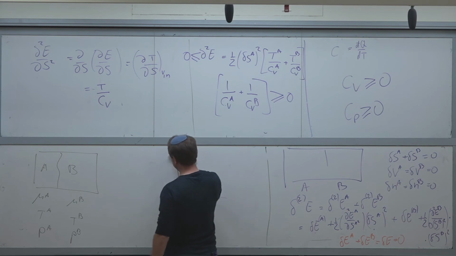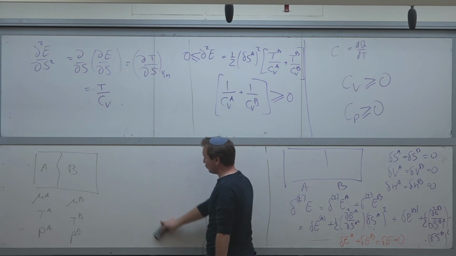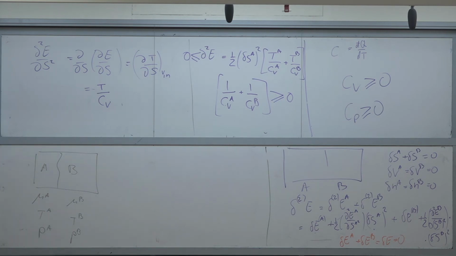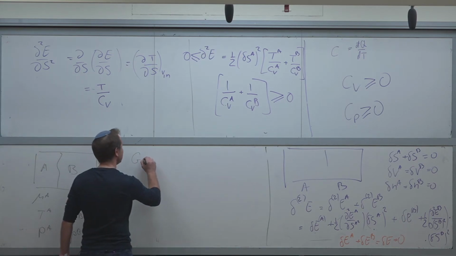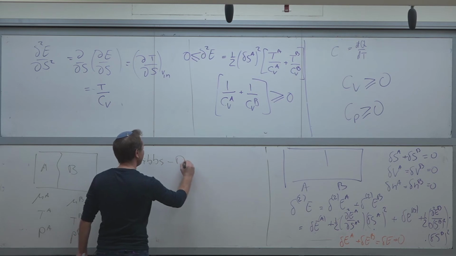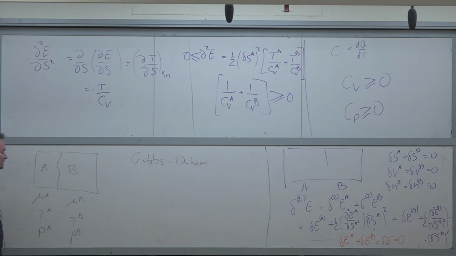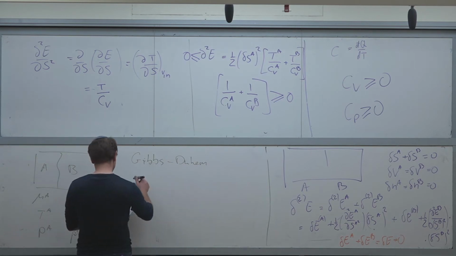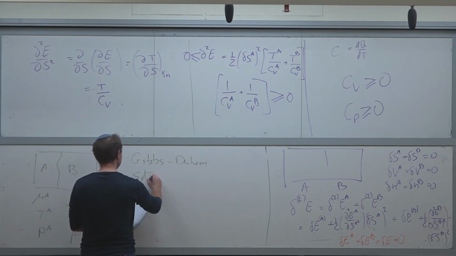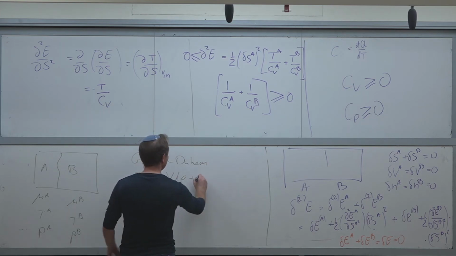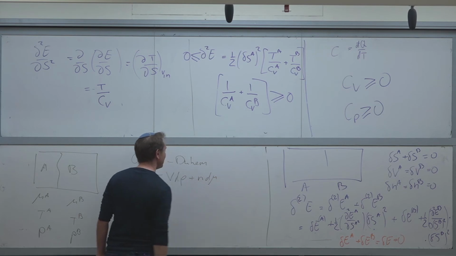Now, of all those different equations that we derived previously, the one that's important is the Gibbs-Duhem equation. The Gibbs-Duhem equation states the following, that S dT minus V dP plus n d mu, okay, equals 0.